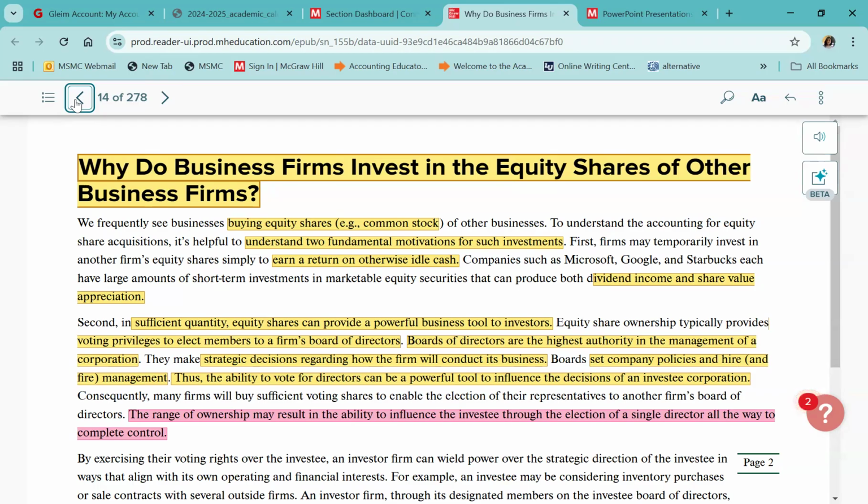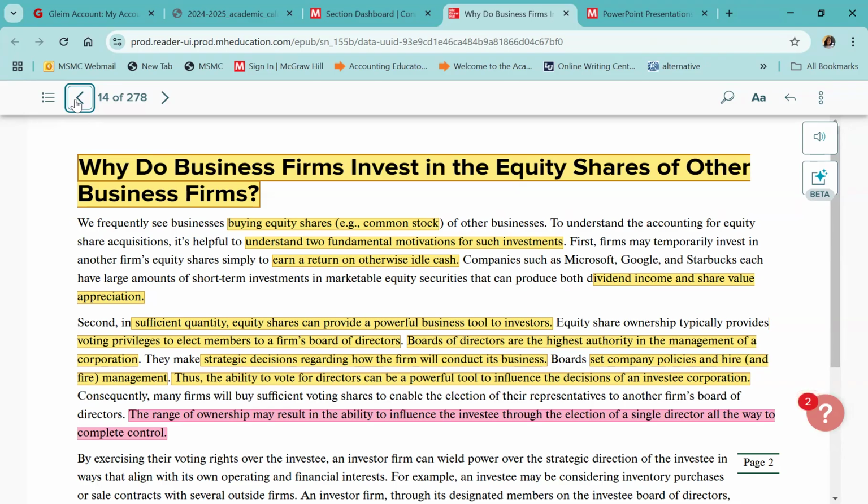Then I watch the stock value going up or getting down. Yes? And according to GAAP, we always have to value our marketable securities at fair market value. That's why this method is called the fair value method. If the stocks go up, I will increase my investment.